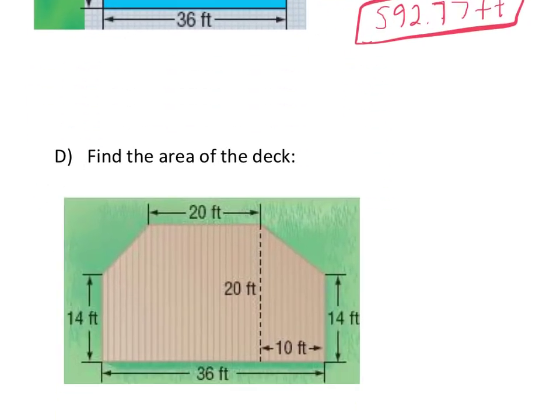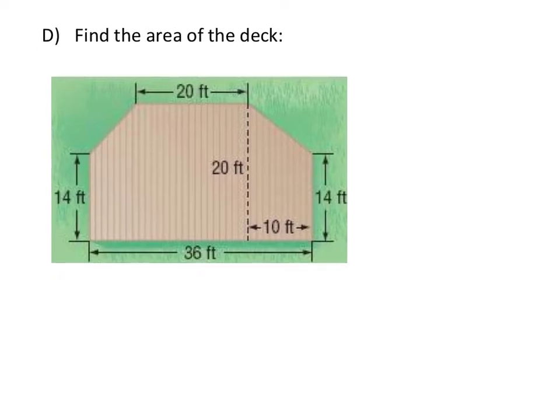Our next question is the area of a deck. Now this area will be found by a sum of shapes, and again you can cut up into different pieces, but I am going to create 3 shapes, 1, 2, and 3.